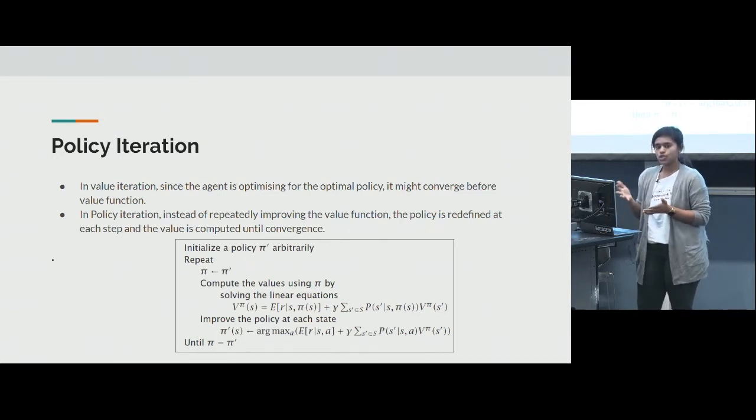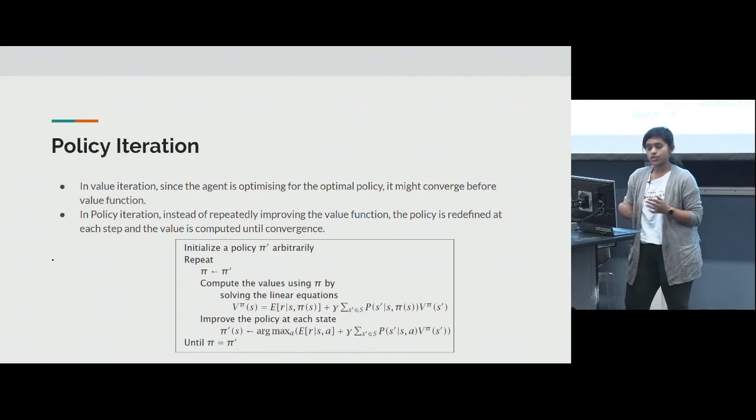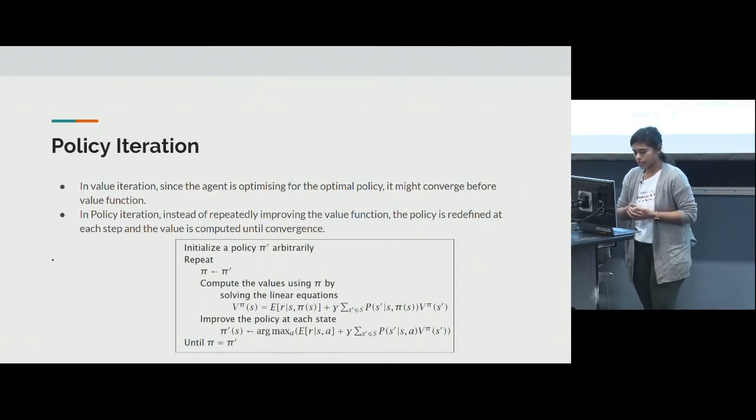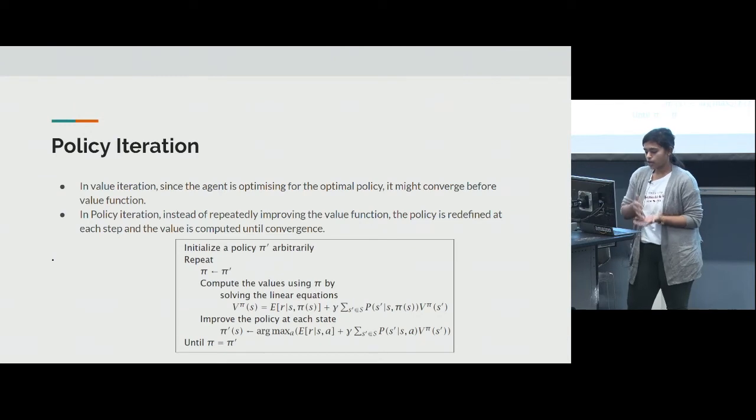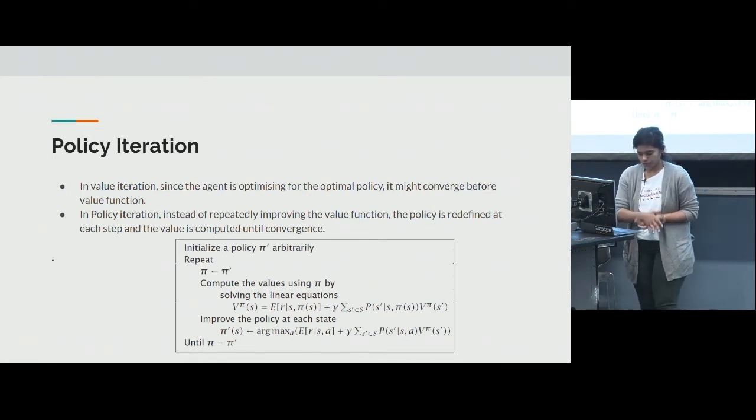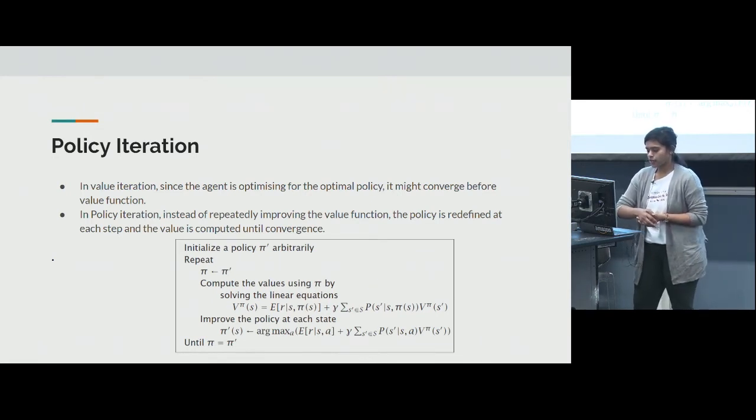In this process, each policy is guaranteed to be a strict improvement over the previous one. Therefore, given a policy, its value function can be obtained using the Bellman equation that we just went over. So in policy iteration, instead of repeatedly improving the value function, the policy is redefined at each step, and the value is computed until convergence. So here you're sort of giving more importance to your policy updates than your value updates.